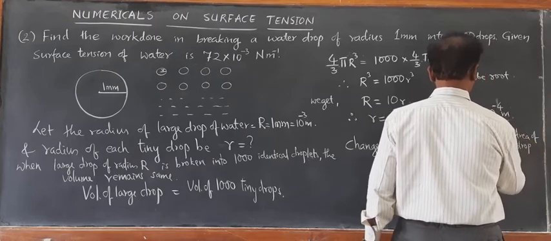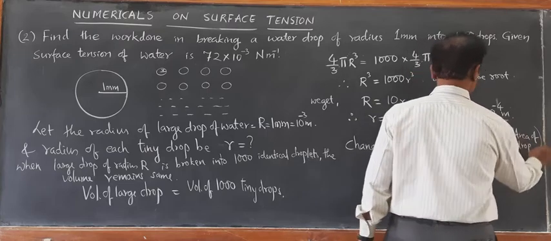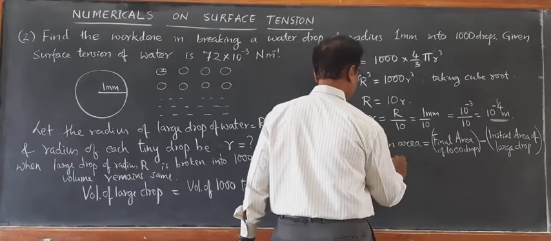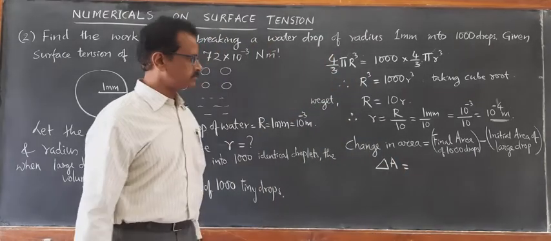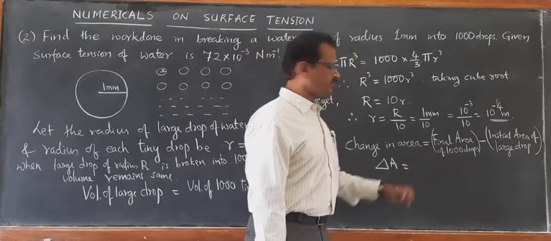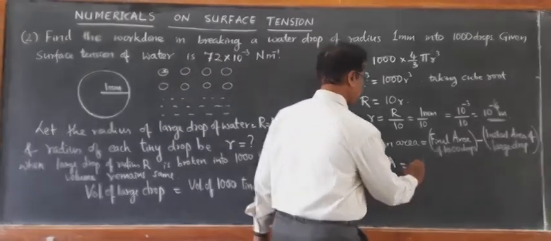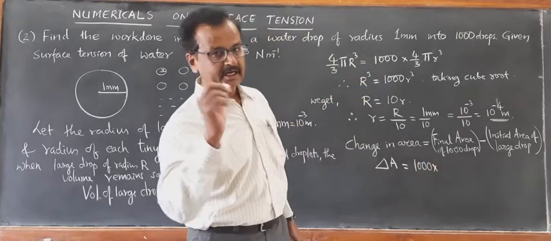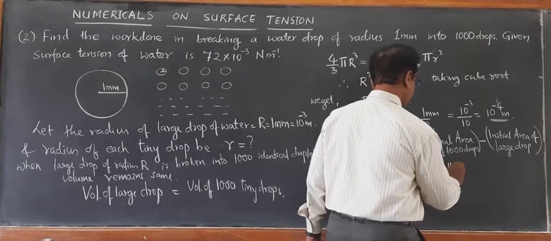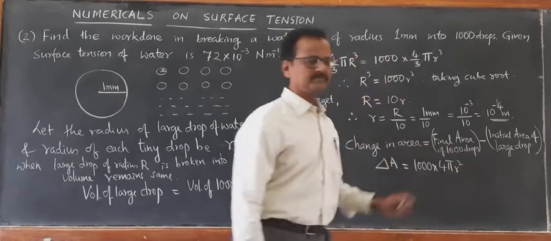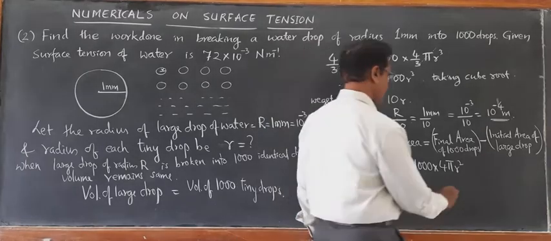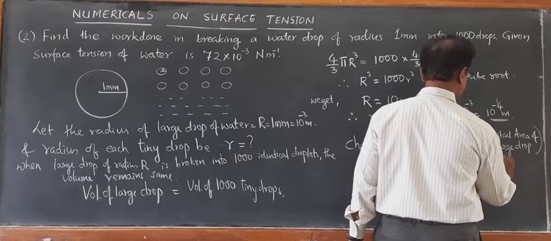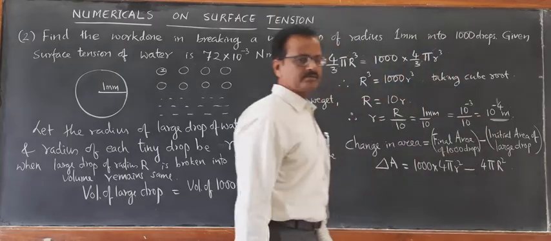This change in area I am writing as delta A. Delta A is equal to the final area of 1000 drops, which I write as 1000 times the area of each tiny drop, 4 pi small r square, minus the surface area of the large drop, 4 pi capital R square.